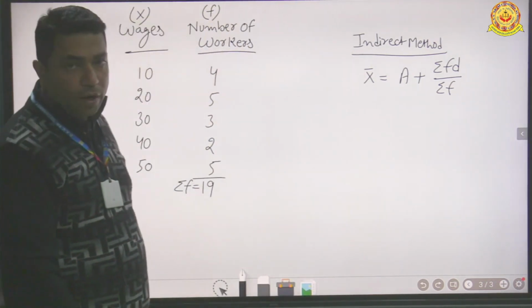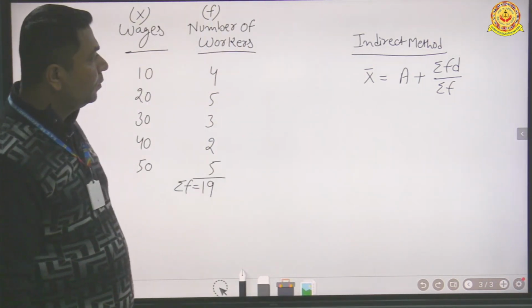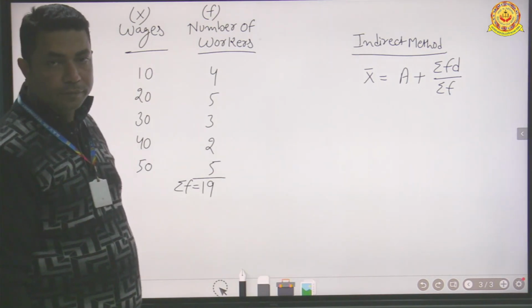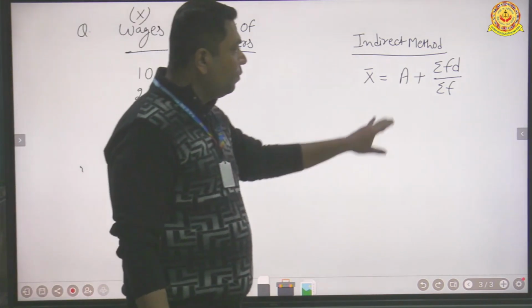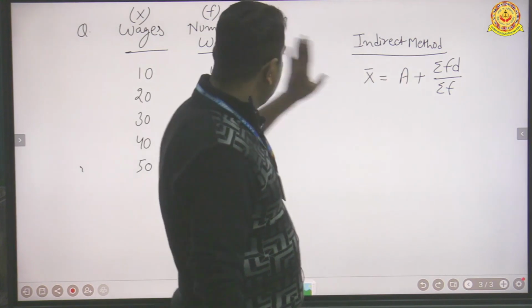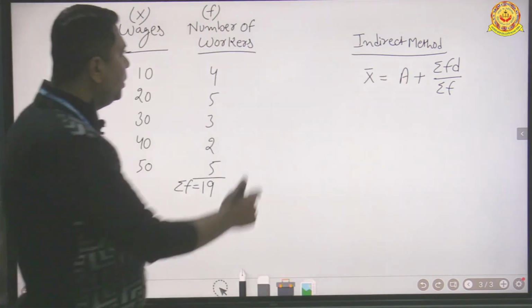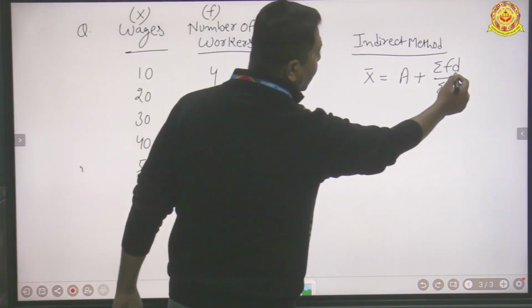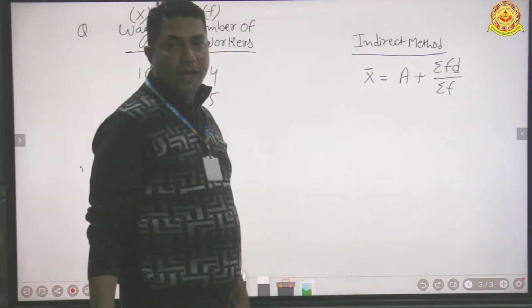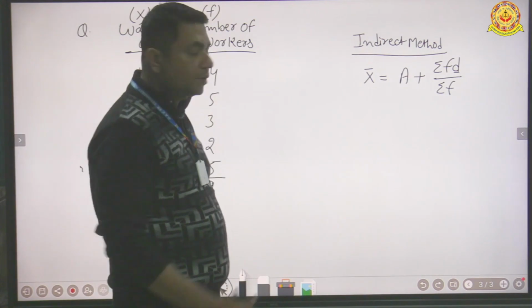This is the formula for the calculation of mean with the help of the indirect method. First of all, we need to take an assumed value out of these x values. So 30 we have taken as the assumed value. And in the next step we will calculate the deviation as we did in the case of the individual series.